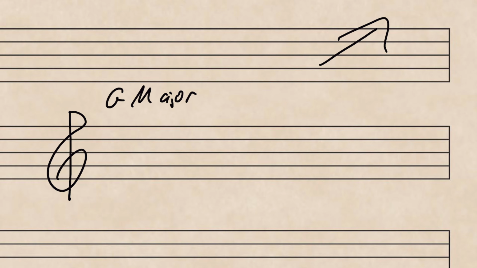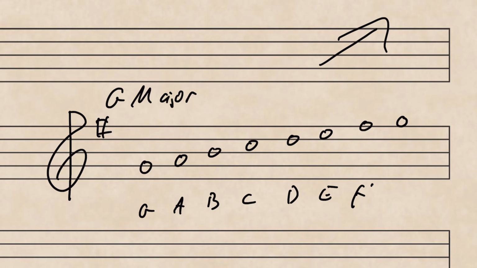So for example, if we say we're in the key of G major, put my key signature. That means that there are certain notes that go along with that key. In this case, G, A, B, C, D, E, F sharp, and G again.